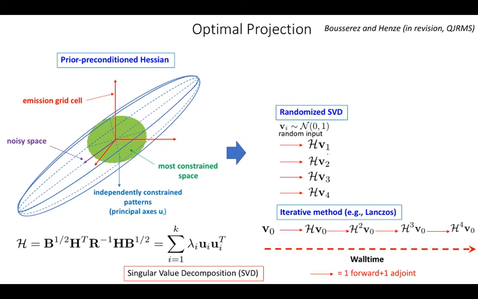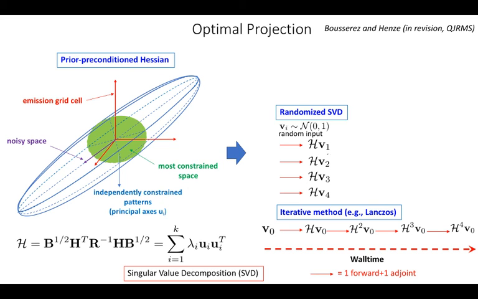Well, for a high-dimensional system, we have been very much limited computationally because it's very expensive to perform this singular value decomposition, for the reason that usually we use iterative methods where you actually integrate the operator. In this case, for each integration, it's a forward and one adjoint integration, and you do that in sequence until you reach the desired dimension.